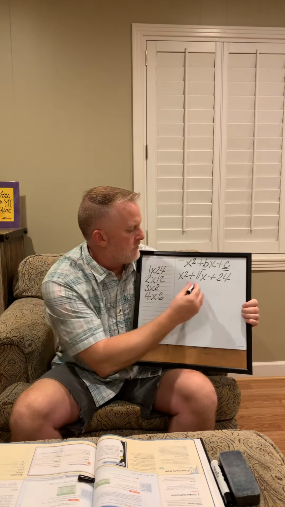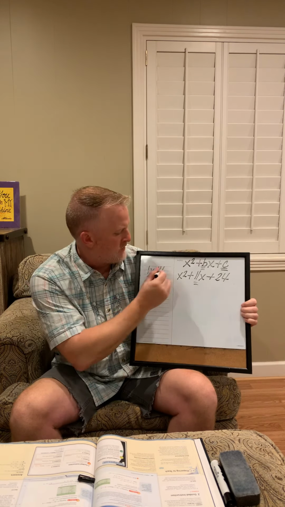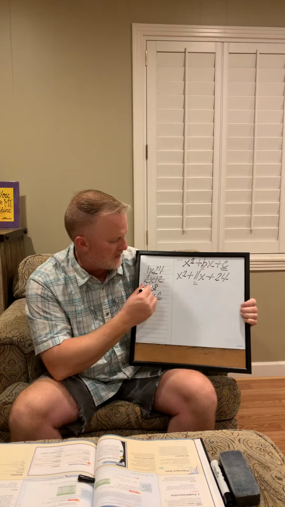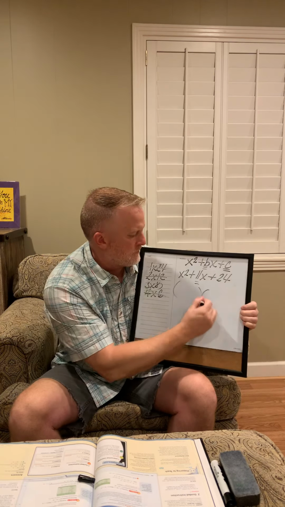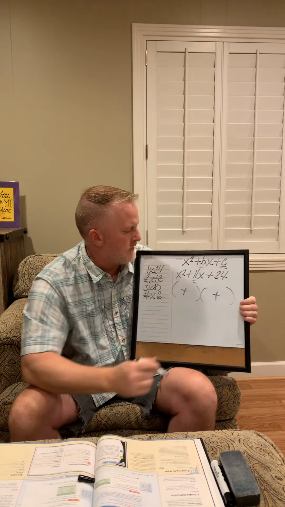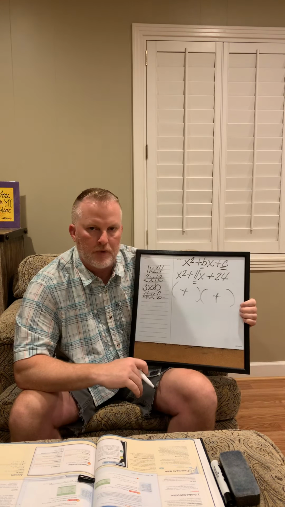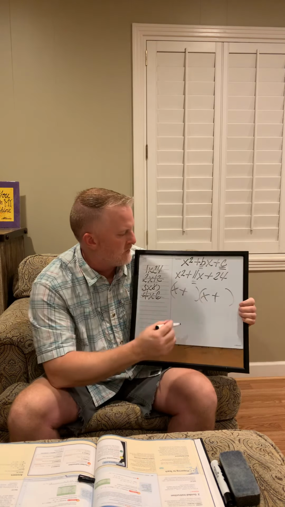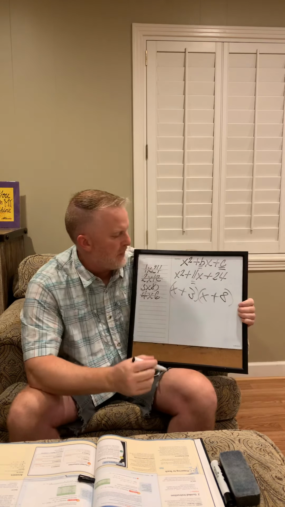But we need the factors that would give us the sum of 11. So 1 and 24 would not be 11, 2 and 12 would be 14, and 4 and 6 would be 10. So we need the factors 3 and 8. Now, since all of those terms are positive in that trinomial, then we know it's going to be plus plus inside our parentheses whenever we factor. x squared is x times x, and then we use our two factors of 24, 3 and 8.